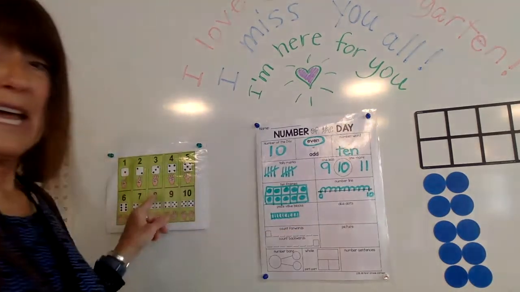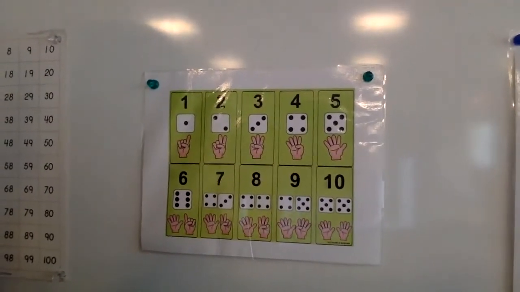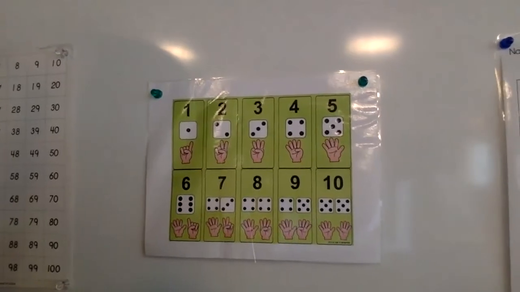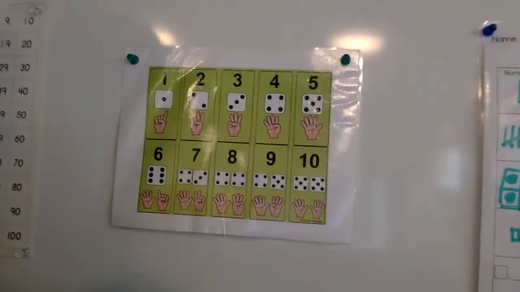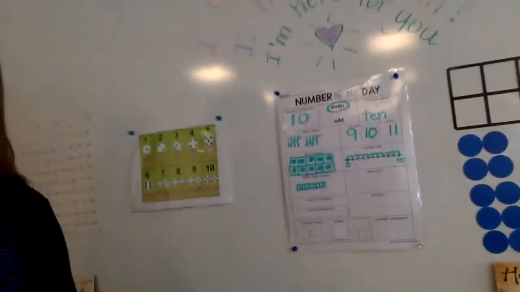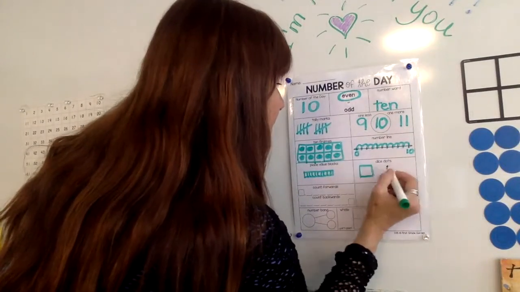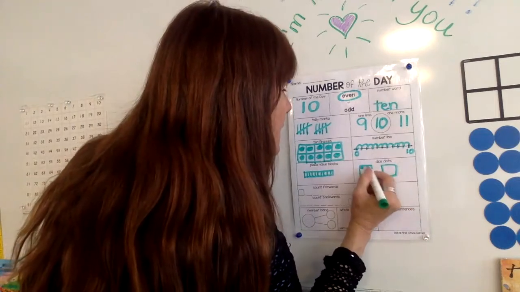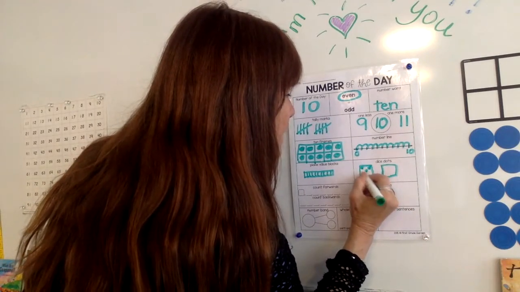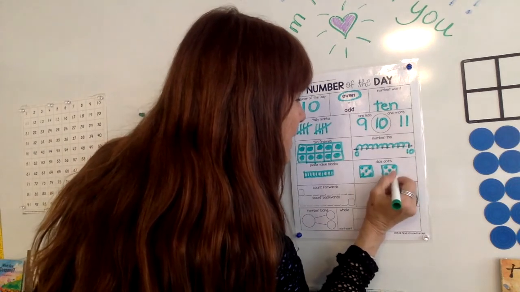Dice dots. Okay, I put this picture, I'm going to move this over to show you. Picture of dice. Okay, look at the number 10. You can see 5 and 5. And we already talked about 5 and 5 making 10, right? So I'm going to draw those two dice dots. We have 1, 2, 3, 4, 5. 1, 2, 3, 4, 5.